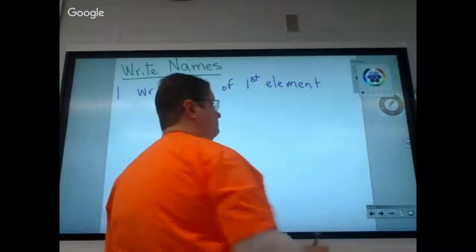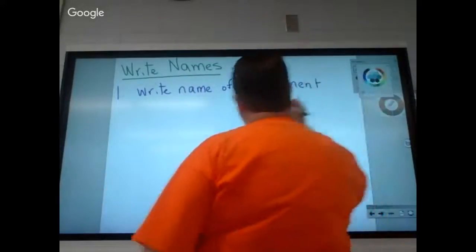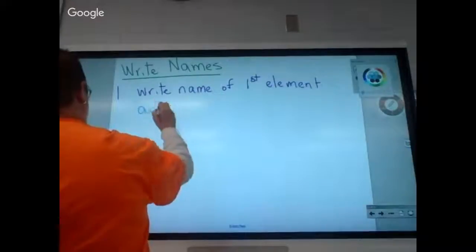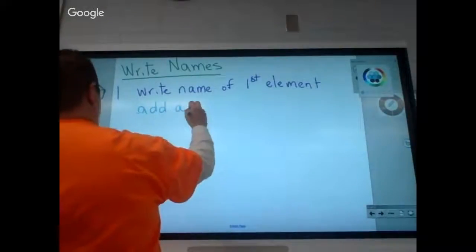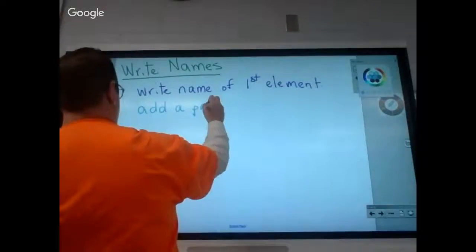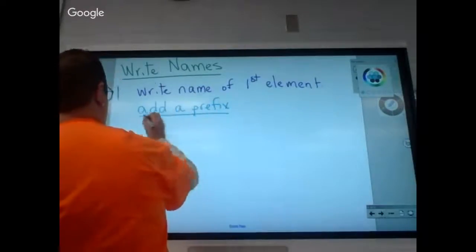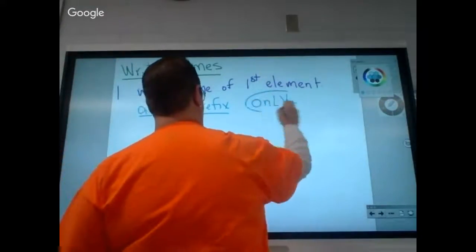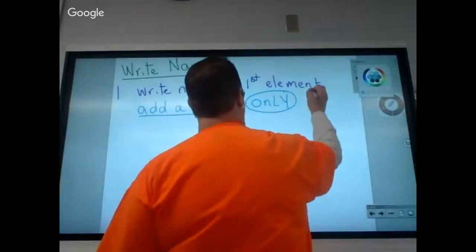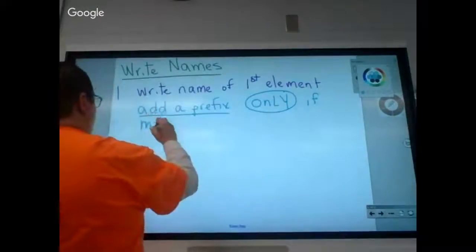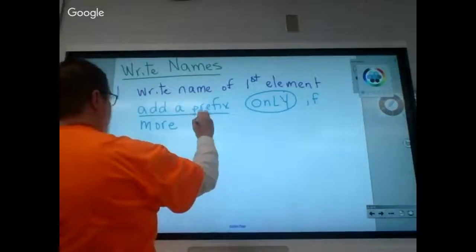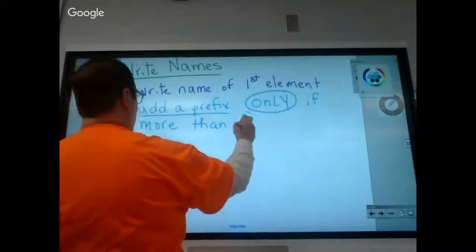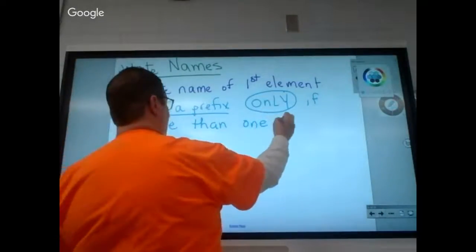Now, you will add a prefix only if there is more than one atom.